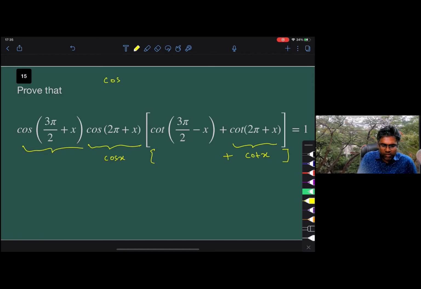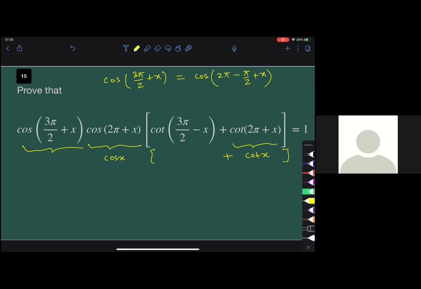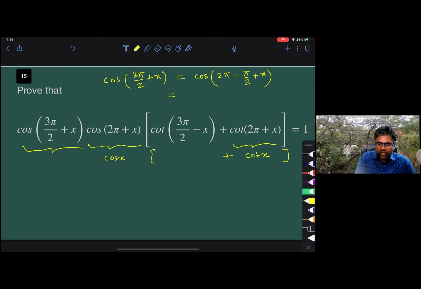So cos 3 pi by 2 plus x. If I write it as cos of 2 pi minus pi by 2 plus x to begin with, can I do that? Yeah. Now this I can write it as, but you have to be careful. We did this earlier also. You should take the entire angle.